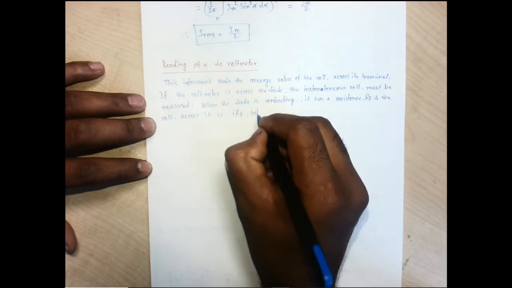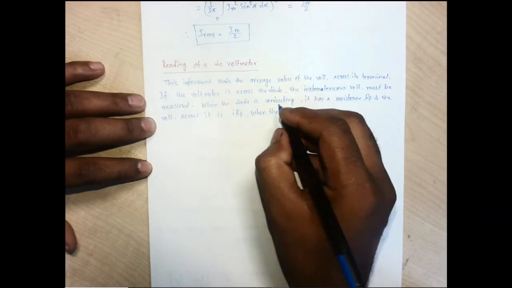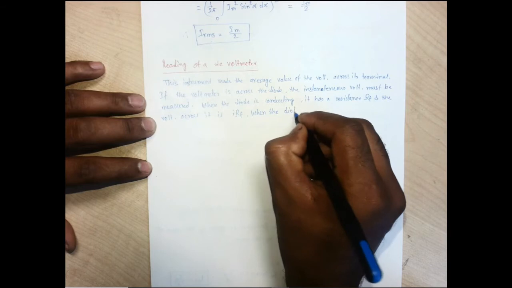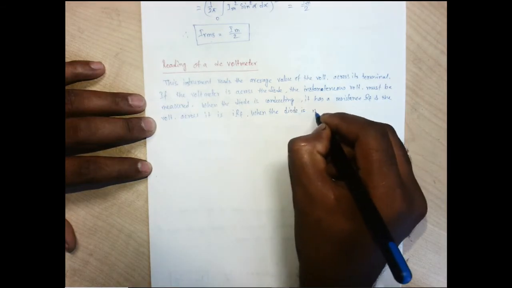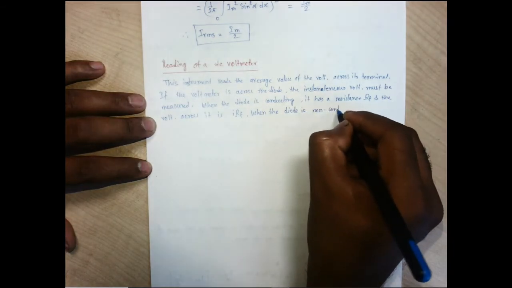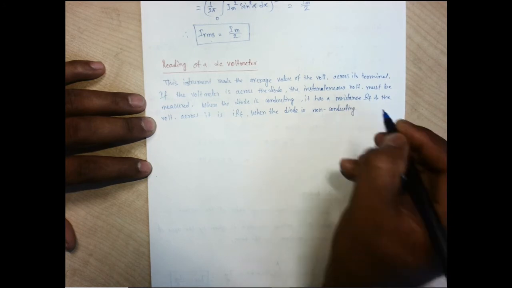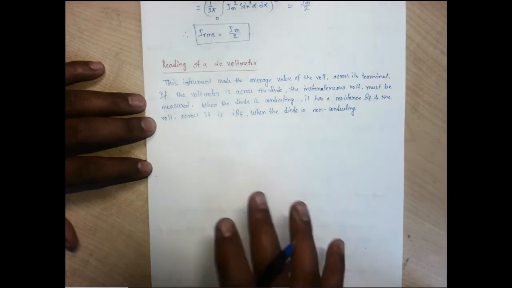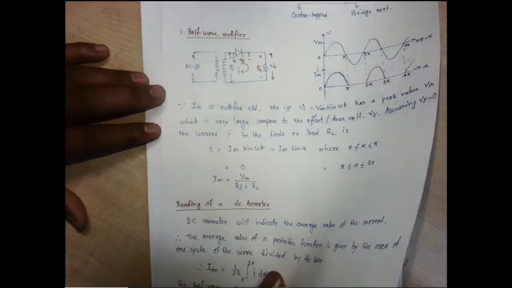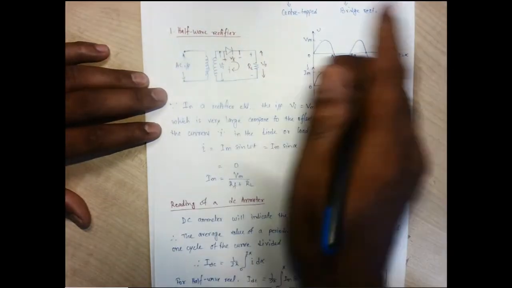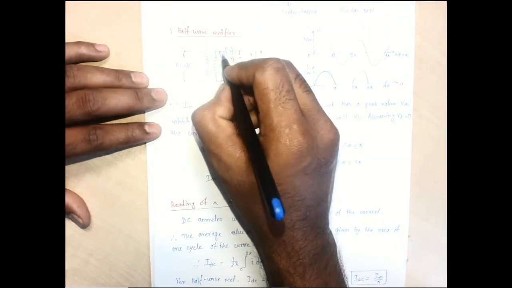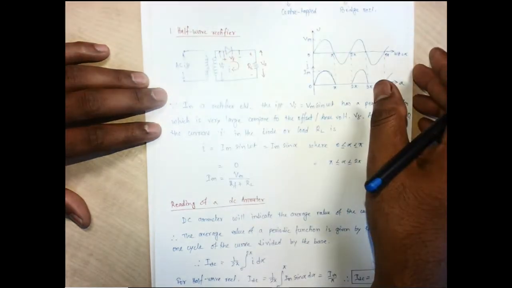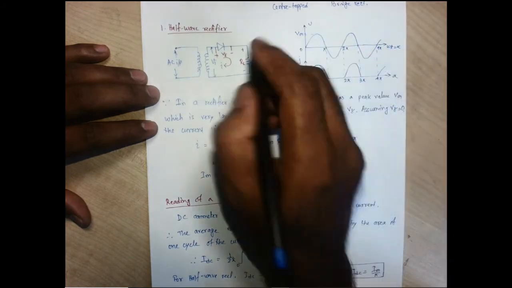Next, when the diode is non-conducting, now the thing is changed. When the diode was conducting, the current is flowing, so the voltage across this diode, that is V gamma, is due to the resistance RF.